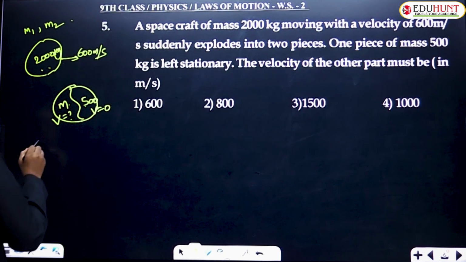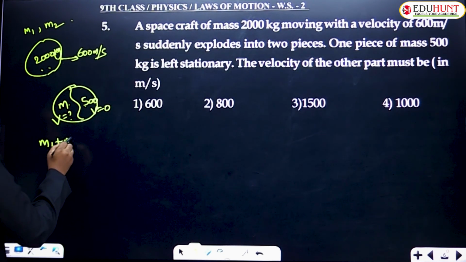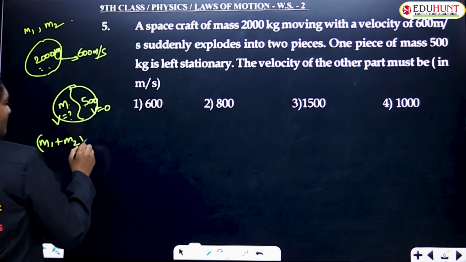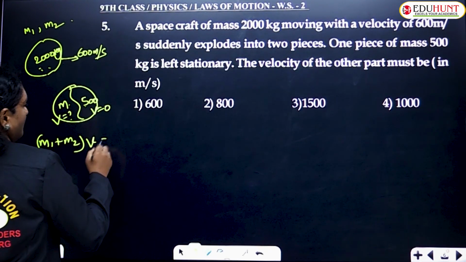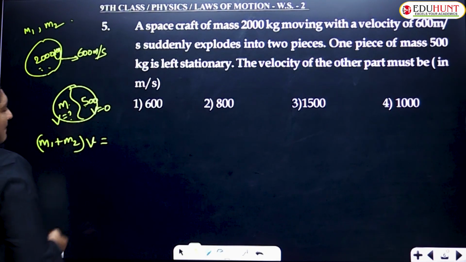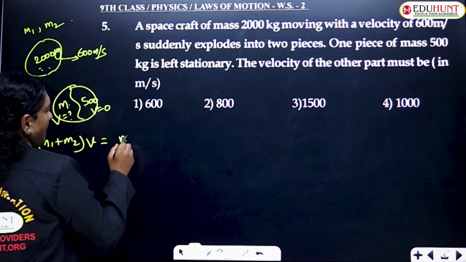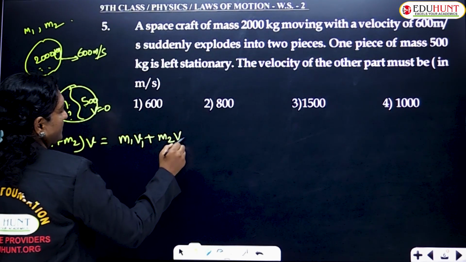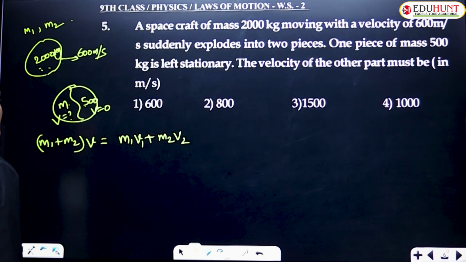Initially the two masses were combined together, moving with some common velocity. Later the first particle has mass times its speed, and the second particle has mass times its speed. This is a generalized condition.